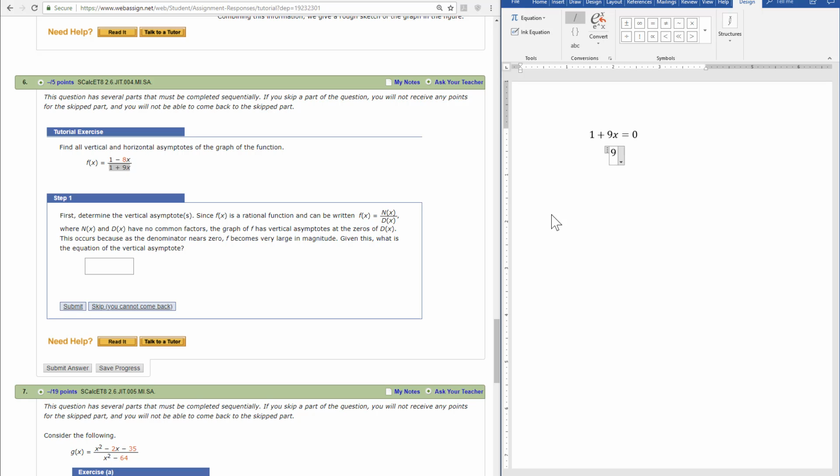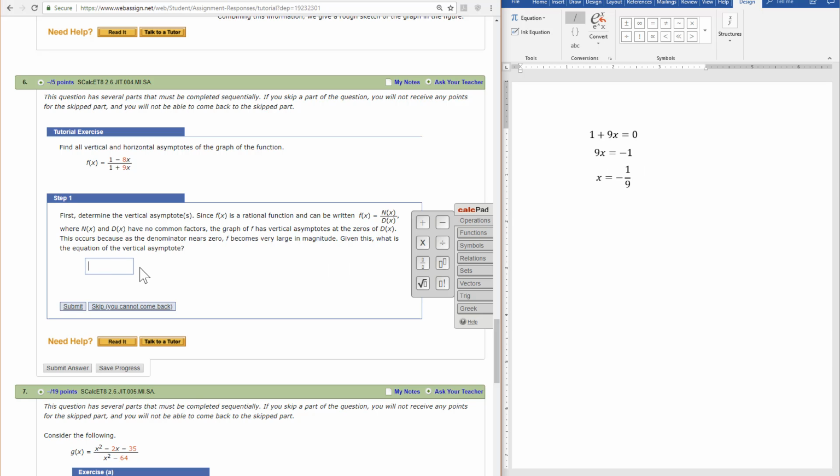We get 9x equal to -1. And then we'll divide by 9 on both sides. So then we'll get x equals -1 over 9.